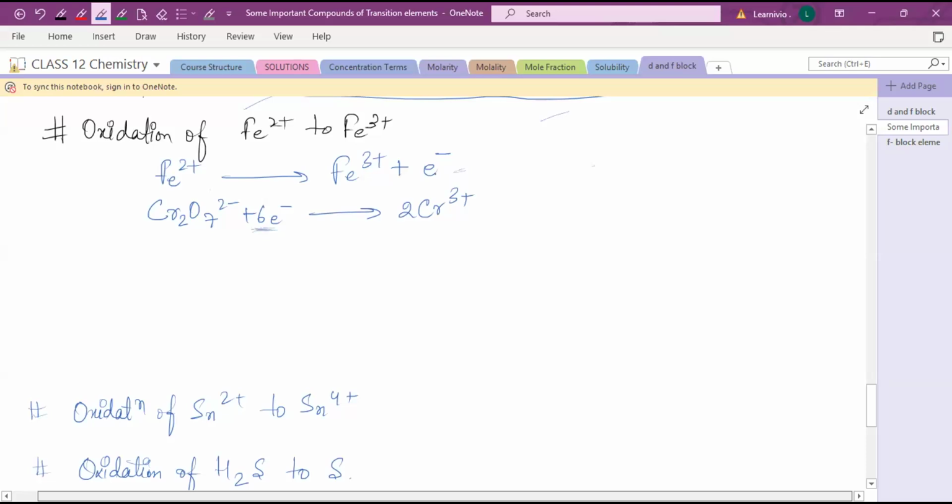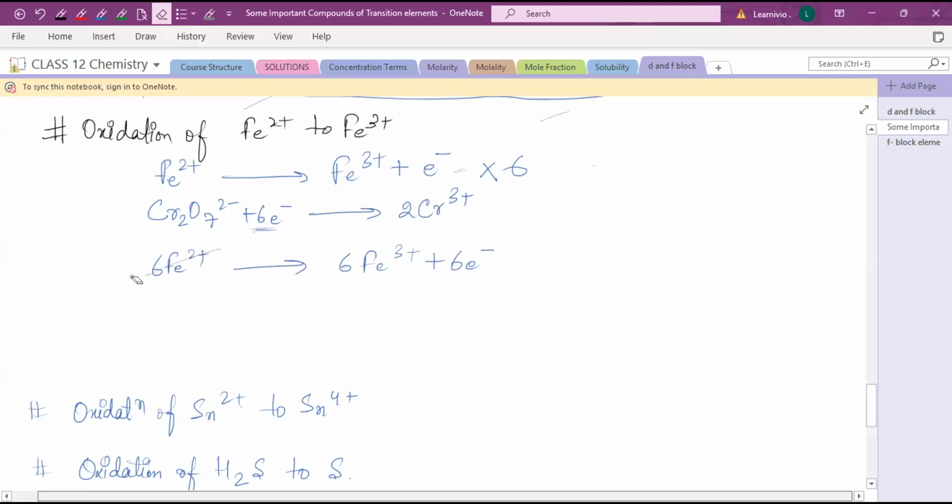Because here only one electron is there, what do we have to do? The electrons will cancel out, so you multiply by 6 to get the same. When you multiply the first equation, the oxidation equation, by 6, you will get 6Fe2+ giving 6Fe3+ plus 6 electrons. Now just add these two.